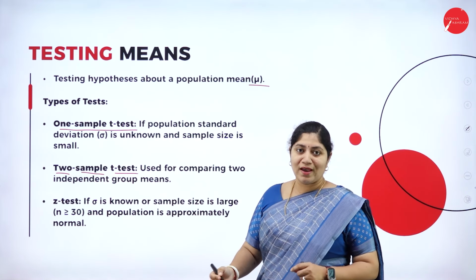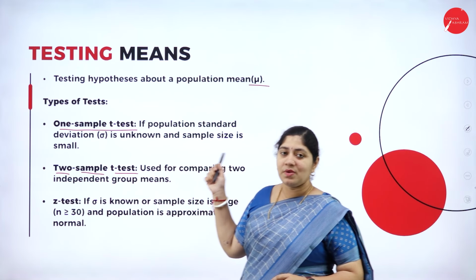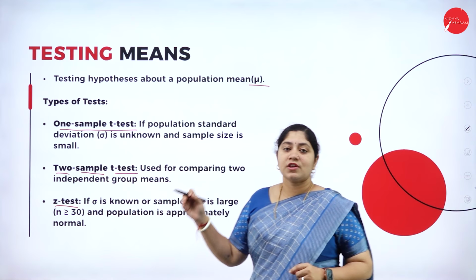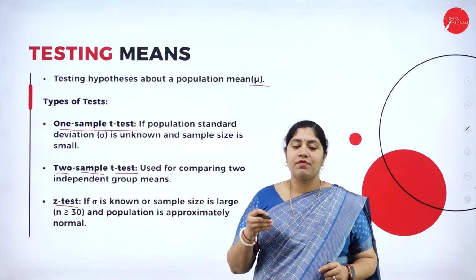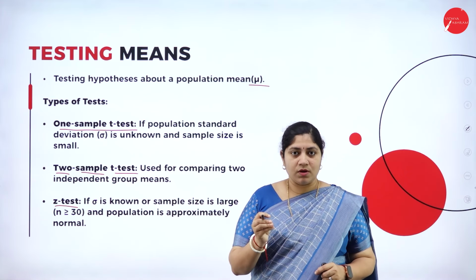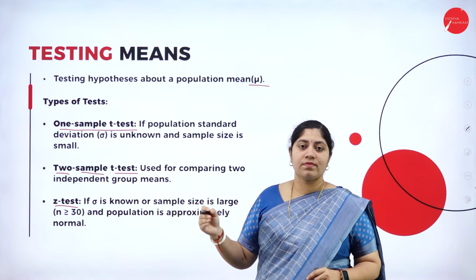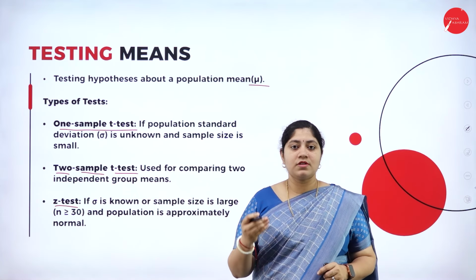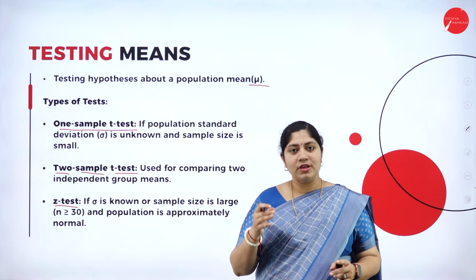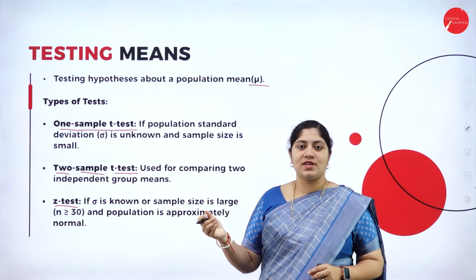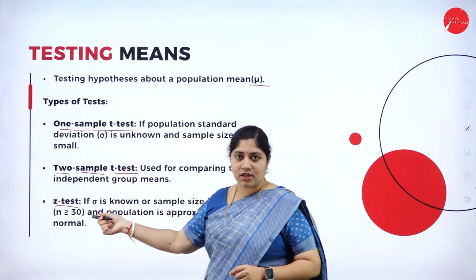Next we have one more test to calculate mean, that is the z-test. With respect to the t-test, we understood that whenever our samples are few, we go with the t-test. What if we have a number of samples more than that? Then we go with the z-test.